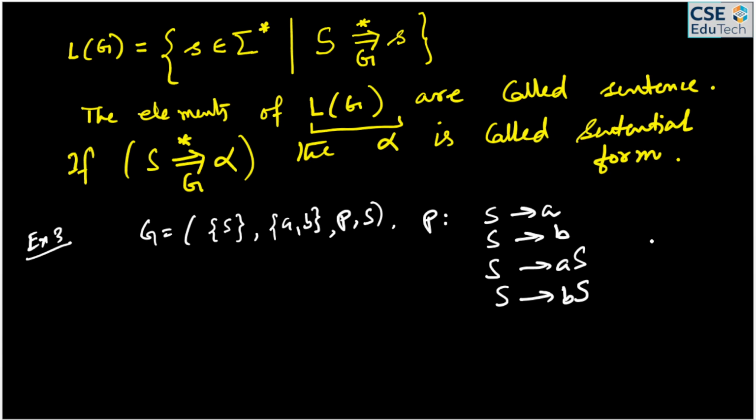Now if we want to find the language generated by this grammar, what are the smallest strings generated by this grammar? So we can write in this form.